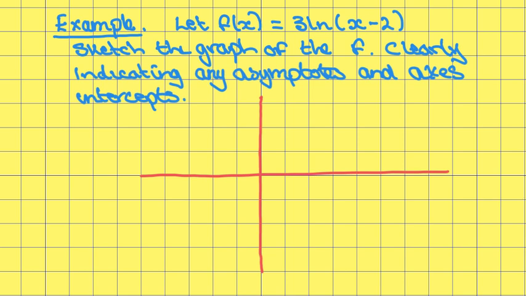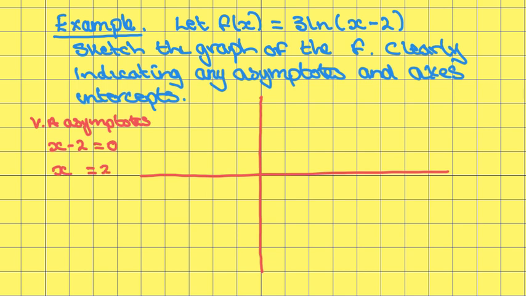Well, we can't find the log of 0, so the vertical asymptote occurs when x minus 2 is equal to 0, so x is equal to 2.